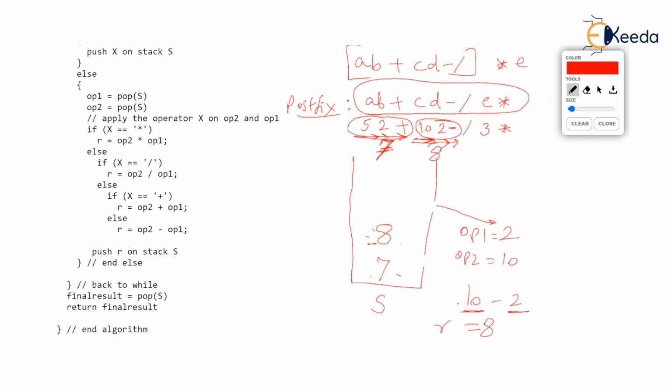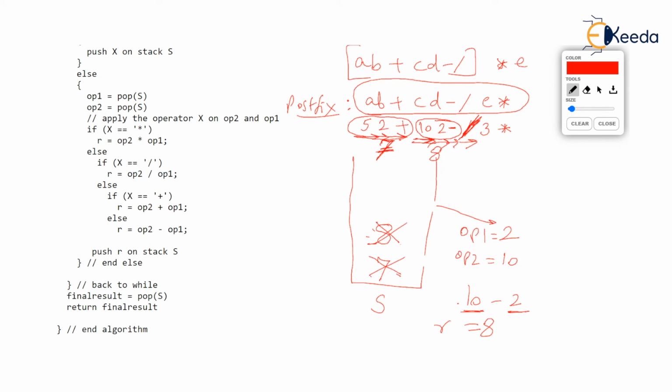Got it, everyone? I hope so. Now, if you keep scanning the expression, you will get division. Now, division is an operator. So, what you would do is you will pop 8 and 7.